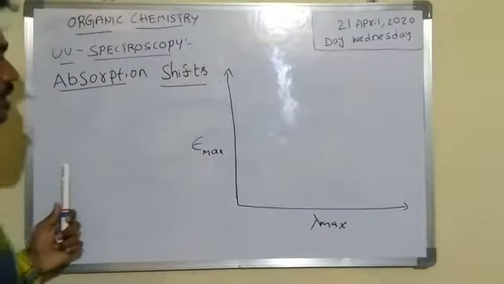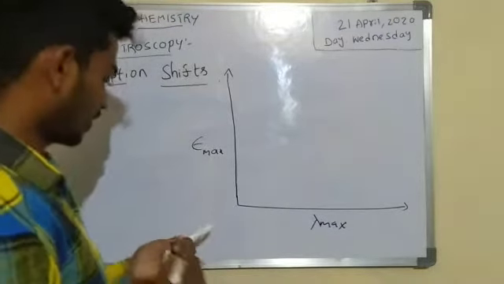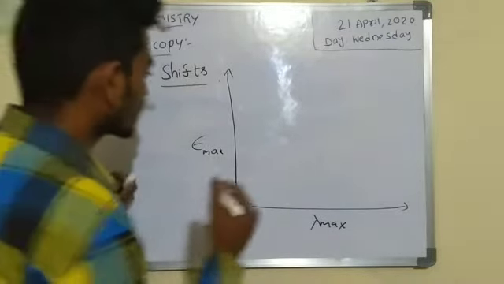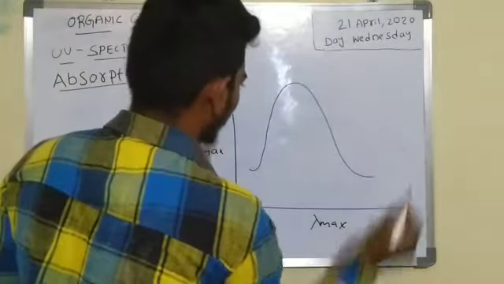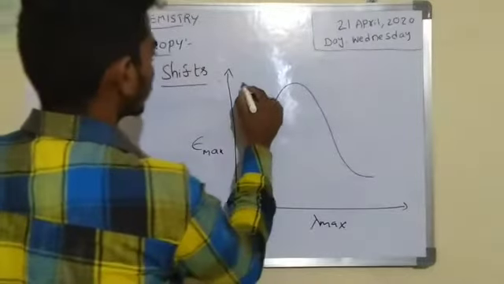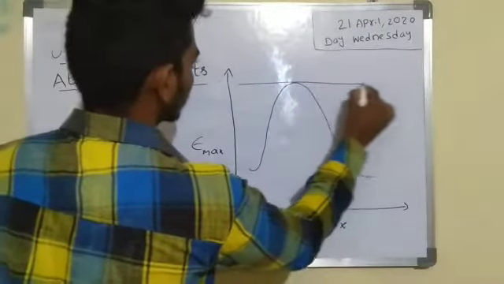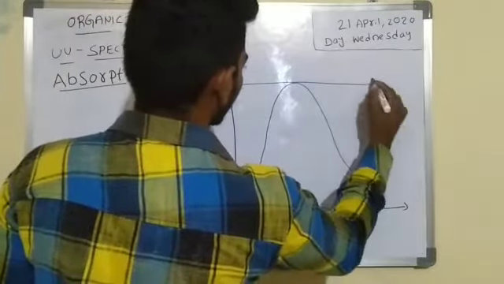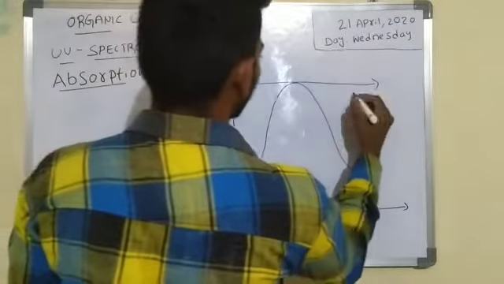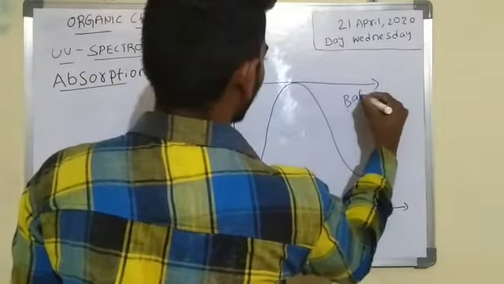These four shifts are simply shown in the graph. You can see, this is the bathochromic shift.